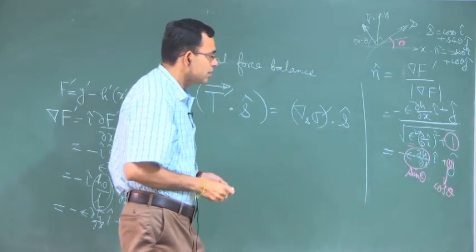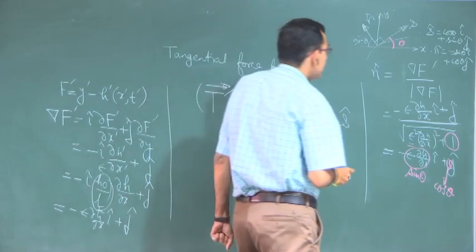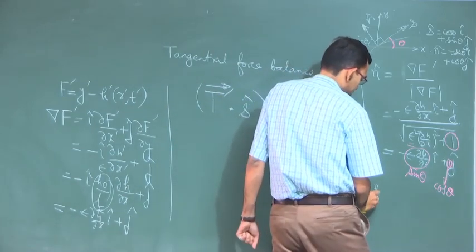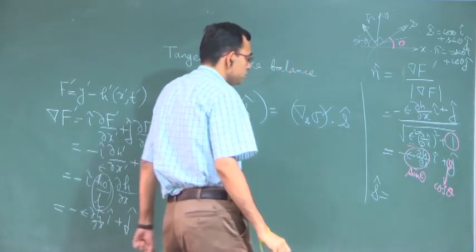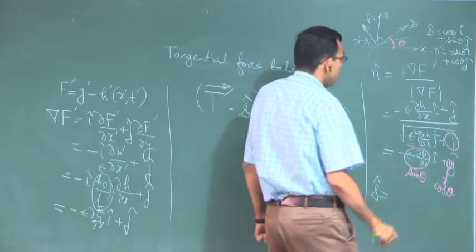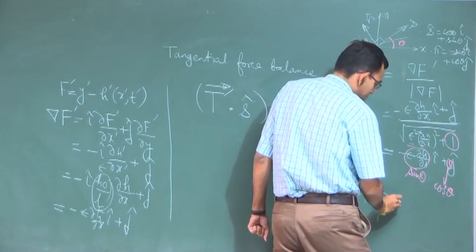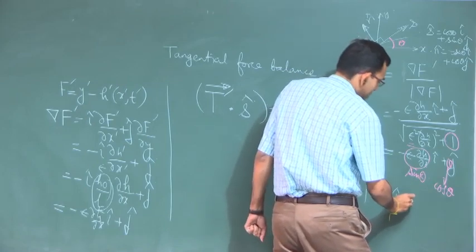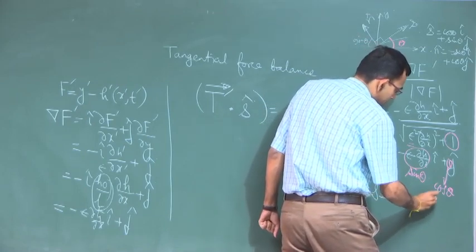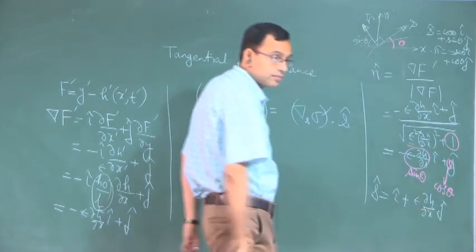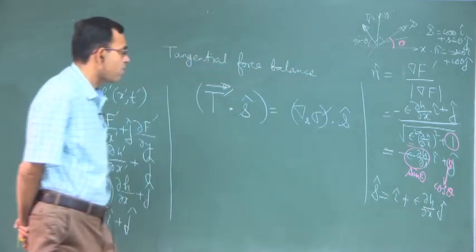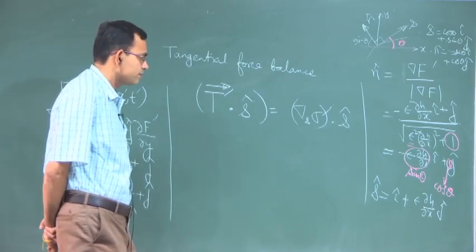So, s is cos theta i, that is i, plus sin theta j, that is epsilon del h del x j.